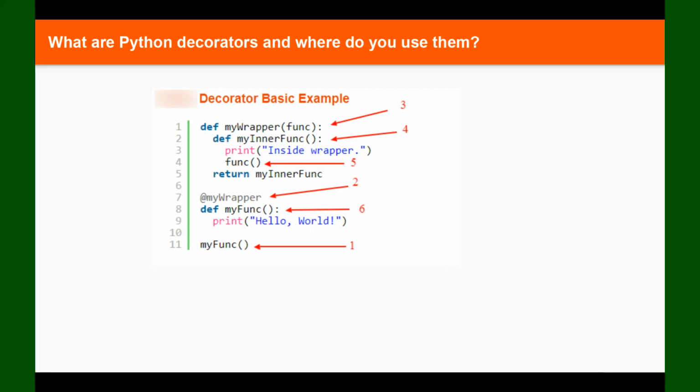Let's say we have created a function with the name my function, and then we will be using a decorator named my wrapper, where we will be calling that decorator on the function.